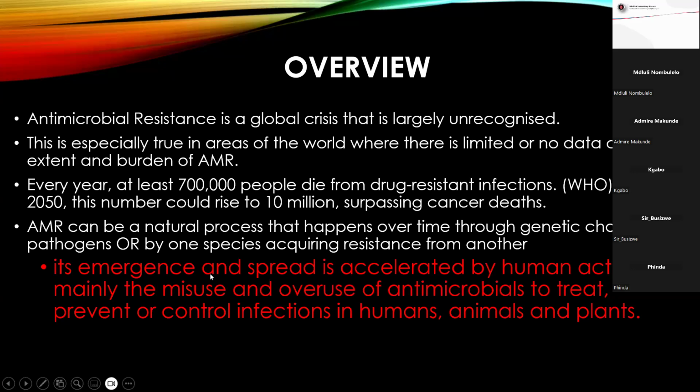And why is it a concern? Because the spreading is accelerated by human activities, like practices which involve misuse and overuse of antibiotics in treatment. It can be human treatment, it can be animal use. Some antibiotics, I think we understand, are used as growth promoters in chicken farming, it can be pigs.